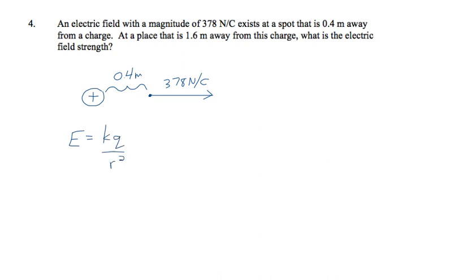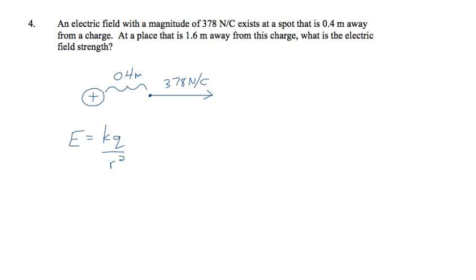So E varies with the inverse of the distance squared. If you double R, what fraction of E will you get? Yep, 1/4. If I triple it, 1/9. If I quadruple it, 1/16.